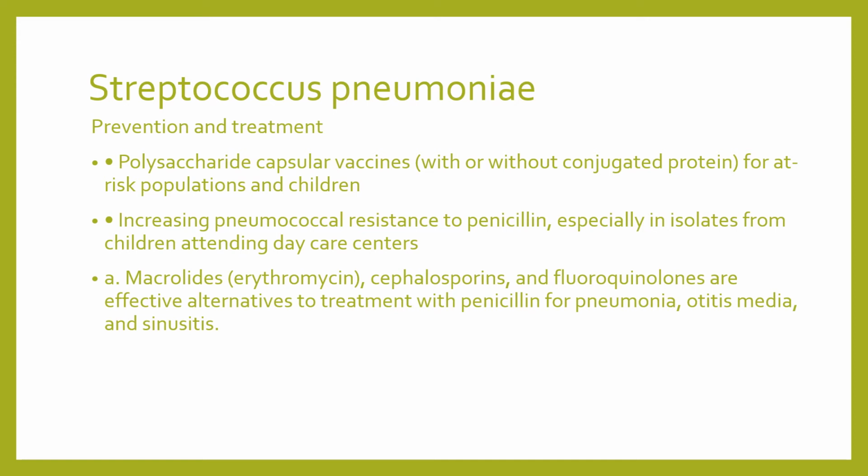The drug of choice would always be penicillin, but there are alternatives: macrolides such as erythromycin, clarithromycin, and azithromycin, cephalosporins, first, second, and third generation, and fluoroquinolones are all effective alternatives in treating streptococcal pneumonia that causes otitis media, sinusitis, and pneumonia. And for those suffering from the dreaded meningitis secondary to Streptococcus pneumoniae, you can give cefotaxime and ceftriaxone.